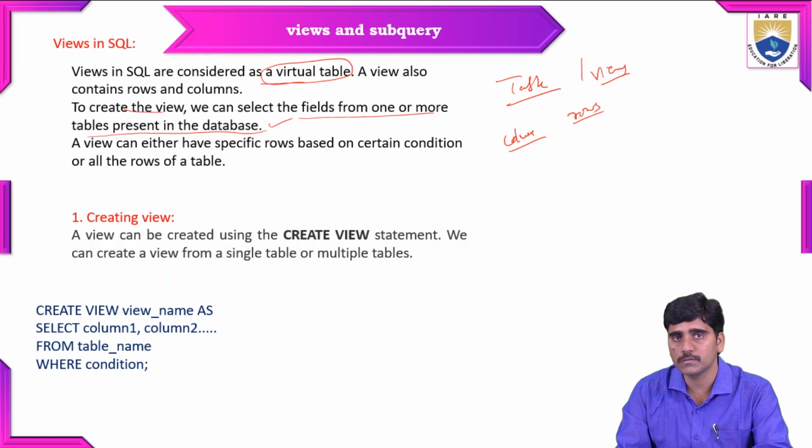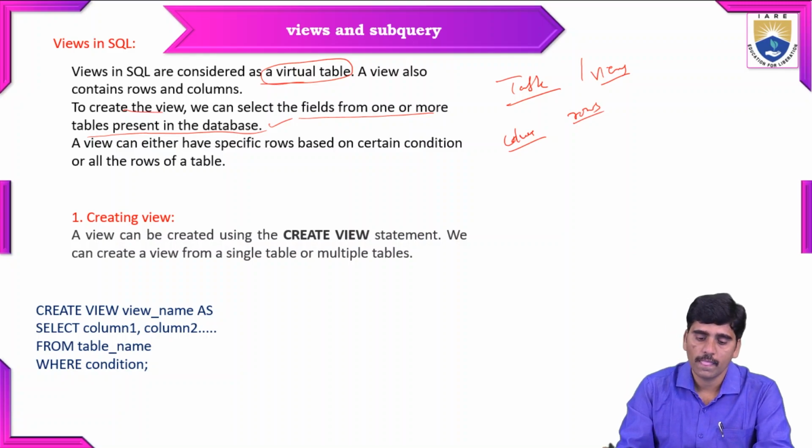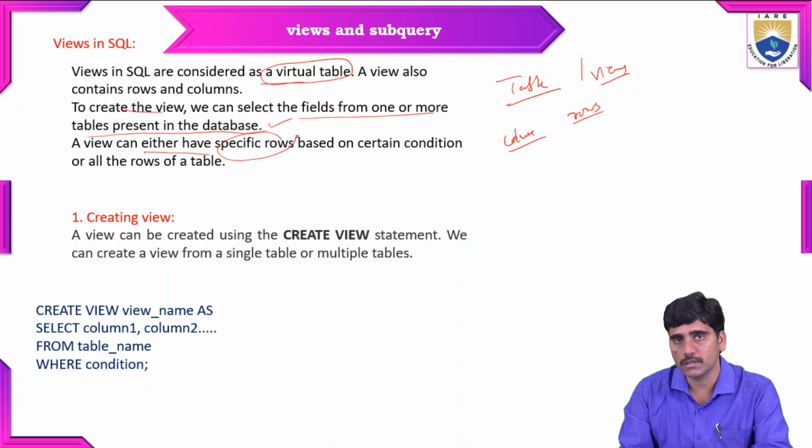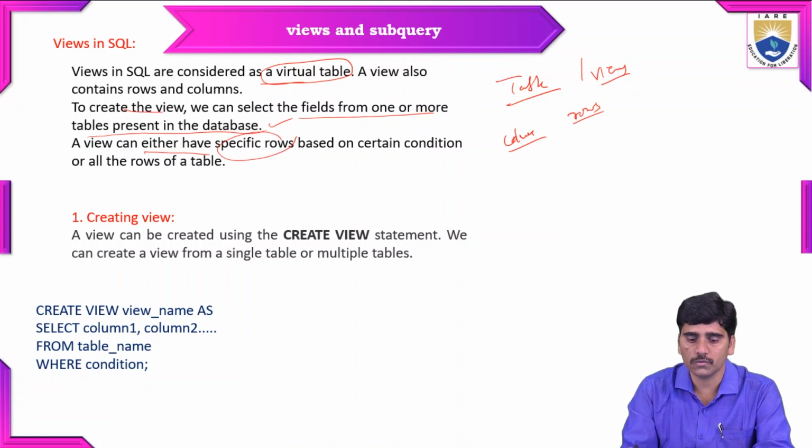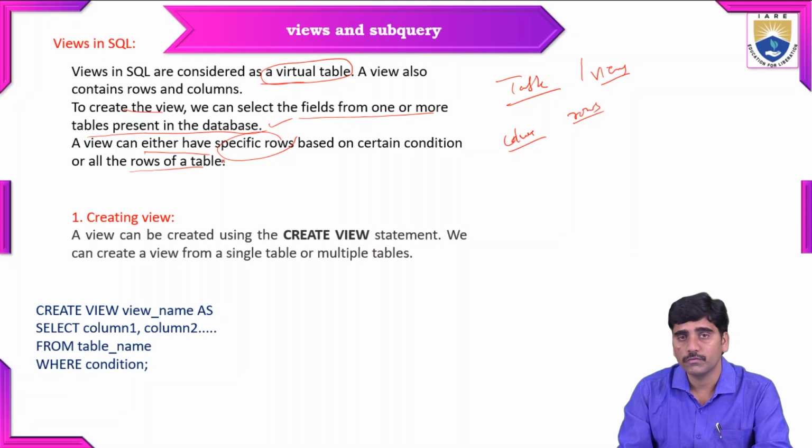A view can either have specific rows based on a certain condition or all the rows of a table. So from this we can say that a view is nothing but a virtual table which can have both table columns and rows.